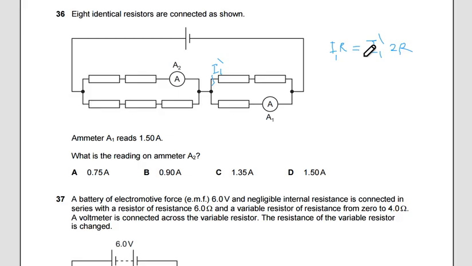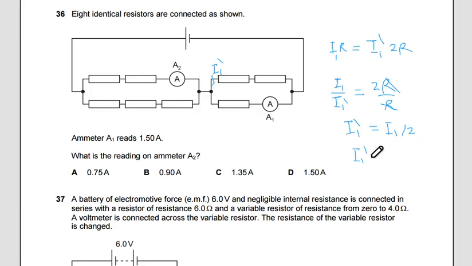Okay. In other words, as the potential difference is the same on both branches, we have an inverse relation between the currents. So I1 over I1 dash equals 2R over R, so it is equal to 2. So I1 dash is equal to I1 over 2, and I1 is 1.5.